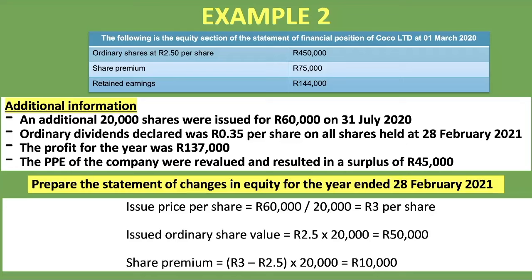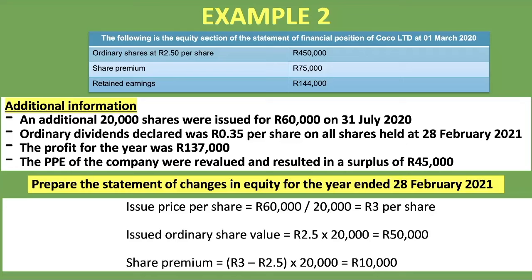So I hope it's made sense. The first thing that you want to make sure is that you get how much you issued each share for, and then you compare that to your par value, which you'll be given, and in our case it's 250. So we issued it at a higher price than 250. That means we have a share premium.